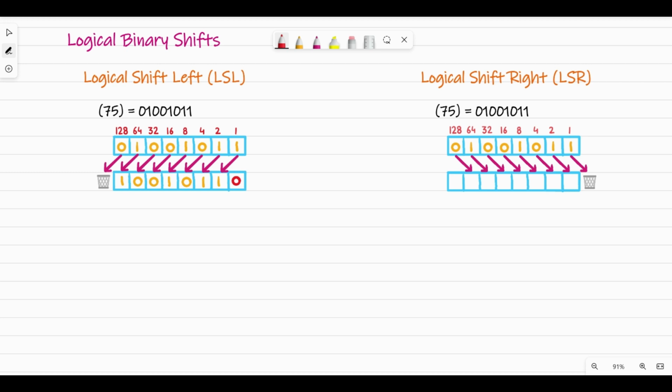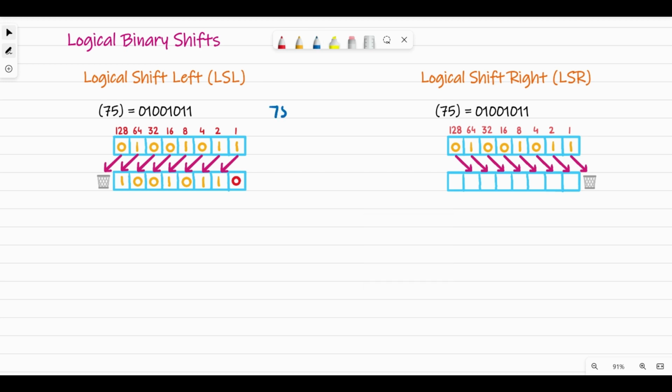We'll now compute its denary value, because it's the second category of question that comes in the paper: what effect did this shift have on the original value. We started with 75.